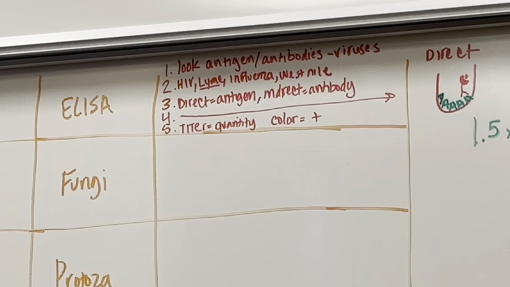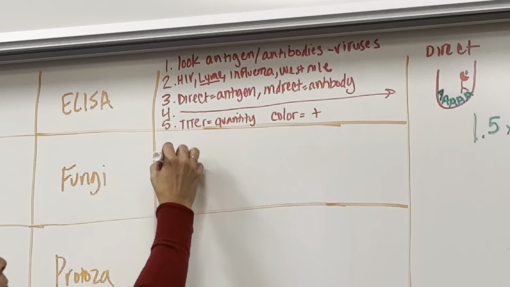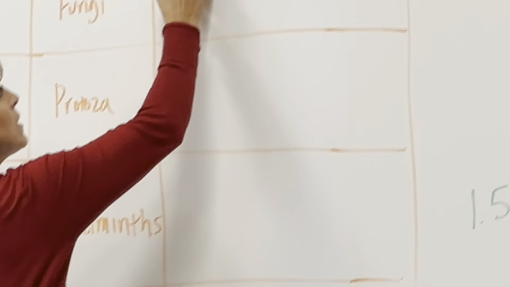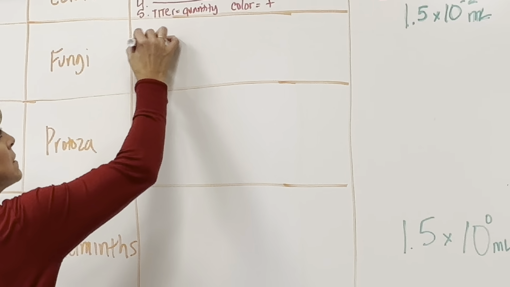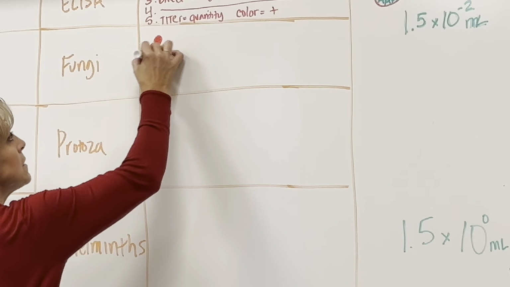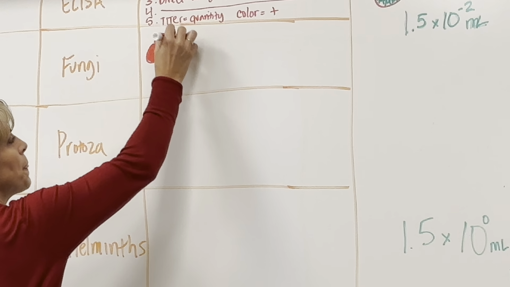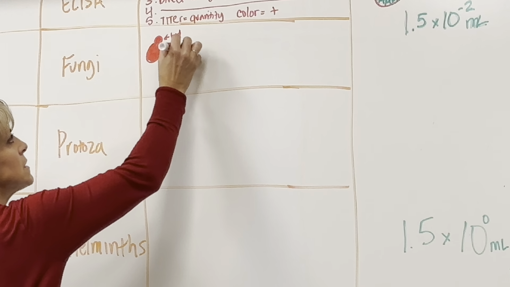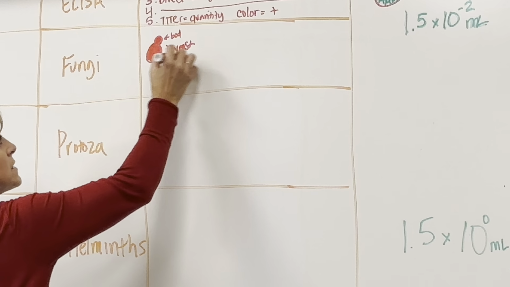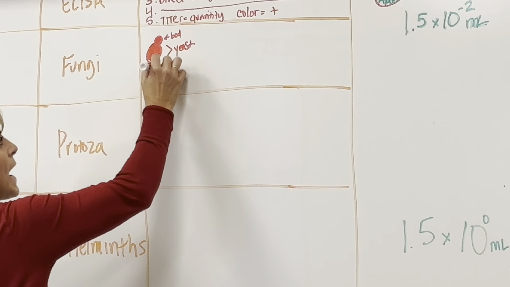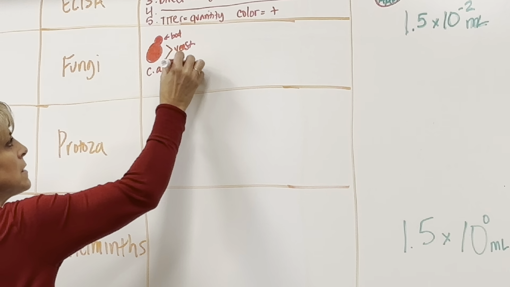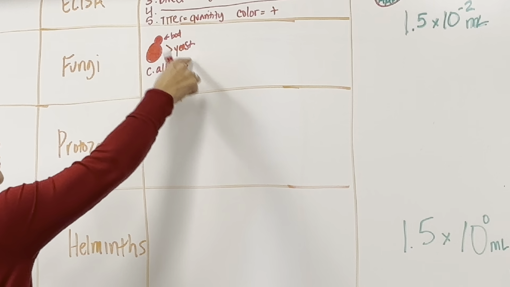Okay, so fungi, protozoa, helminths, we're gonna go over today. Fungi, what are these? Yeast. What is this called? So this is a yeast that, like Candida albicans, yeast infection, thrush.